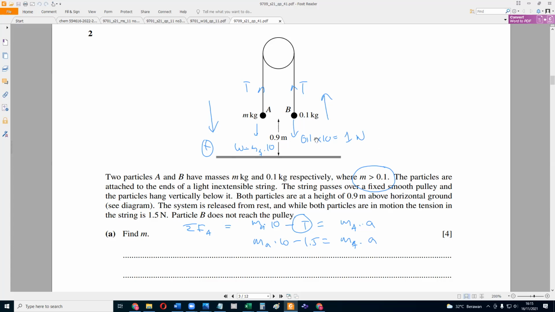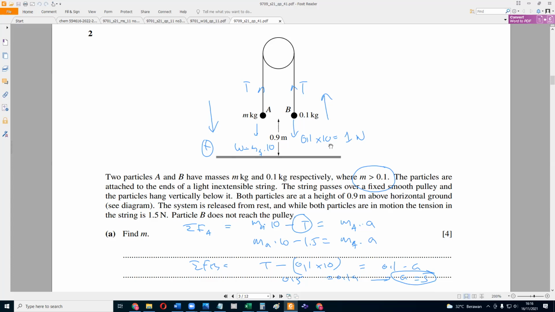For B, sum of the forces of B: T minus 0.1 times 10 is going to be mass B times acceleration. So we can find out here the value of acceleration. 0.5 is 0.1 a. So acceleration is 5.